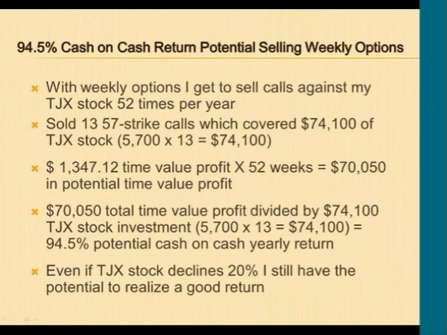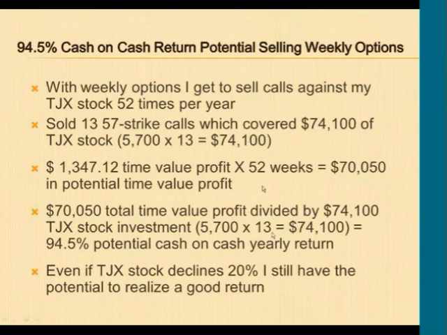If I was able to continue selling this weekly time premium, now sometimes I change to different ETFs depending on market conditions, but let's just assume that I was able to collect a similar premium. If you multiply that premium I collected times 52 weeks, you get $70,000 of time value profit over the course of the year, and the cost to buy my shares of stock was $74,000.